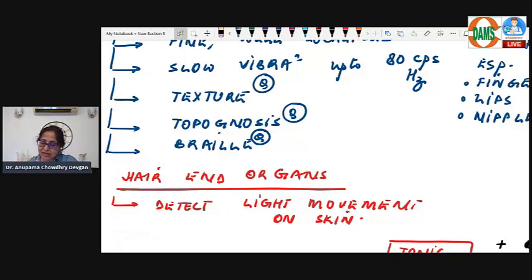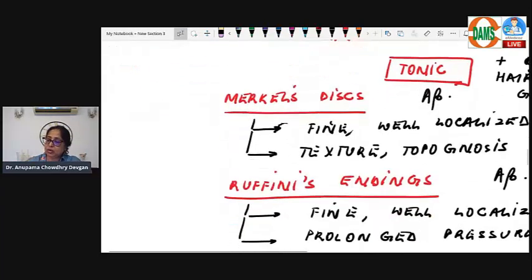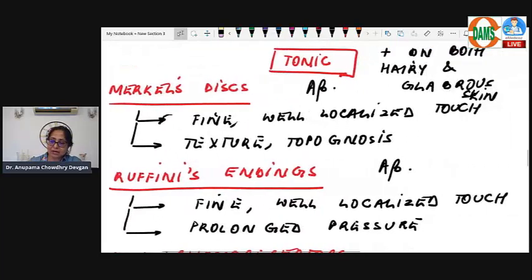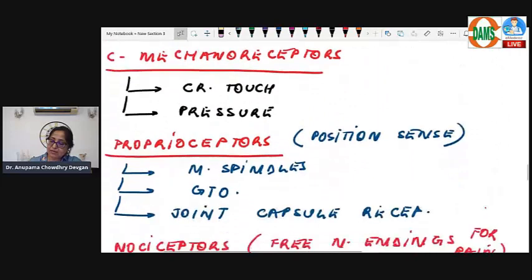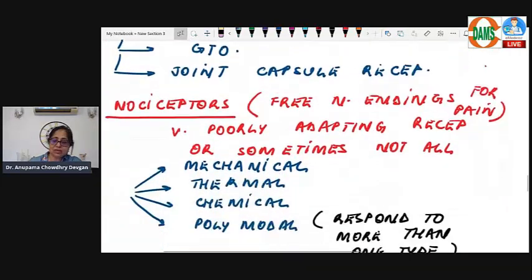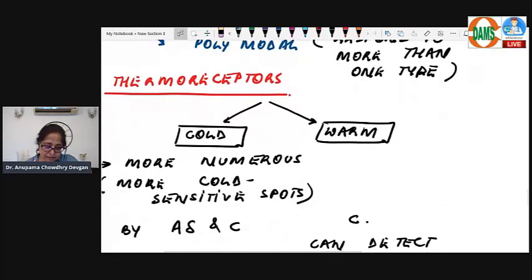Then there are hair end organs, which are associated with hair follicles, and they detect light movement on the skin. Tonic receptors, the slowly adapting receptors: Merkel's discs, Ruffini's endings, C mechanoreceptors, proprioceptors, nociceptors of 4 different types (mechanical, thermal, chemical, polymodal), and the thermoreceptors.